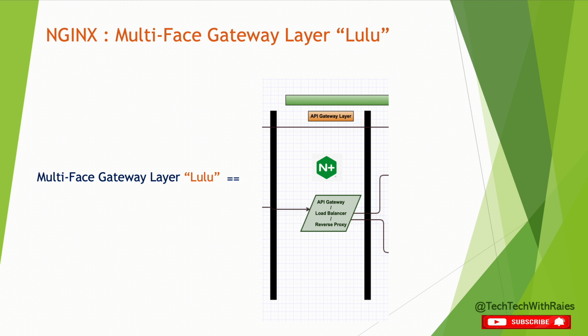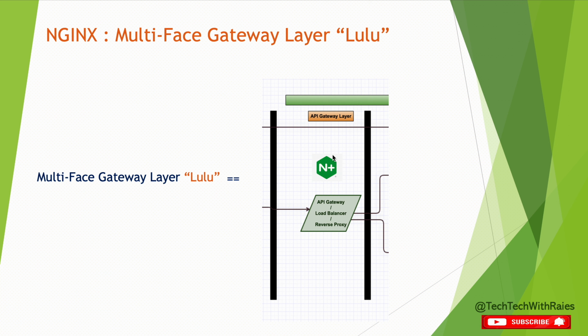If I put all those things into slide number 6, it will look like this diagram, where you can see that whatever functionalities were there at the API gateway layer, like API gateway, load balancer, reverse proxy, HA, security controller, and so on, NGINX can provide all of them. This single body can provide all those functionalities.